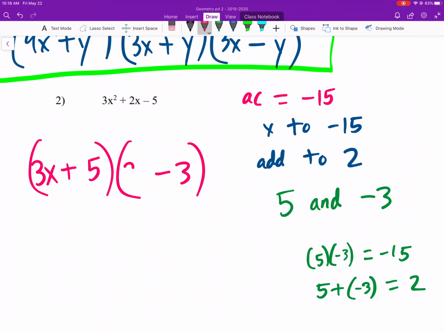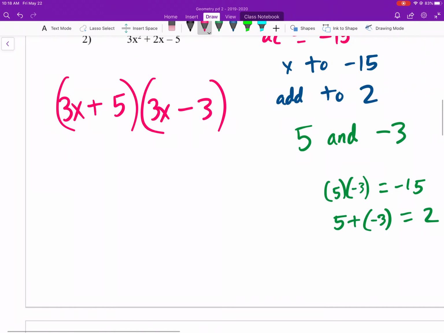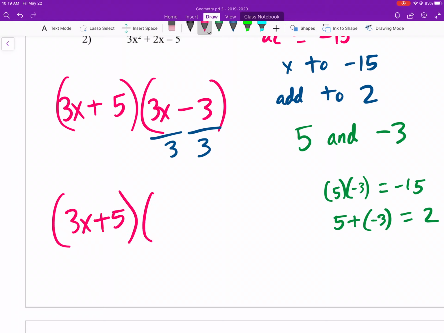So 3x and 3x. Remember, usually we can break down one of these. Sometimes we could break down both, but in this case we could just break down one. You could divide both of these by 3. Keep your first set of parentheses as is, 3x plus 5. And then your next set, 3x divided by 3 would just be x. Negative 3 divided by 3 would be negative 1. And you're good to go.